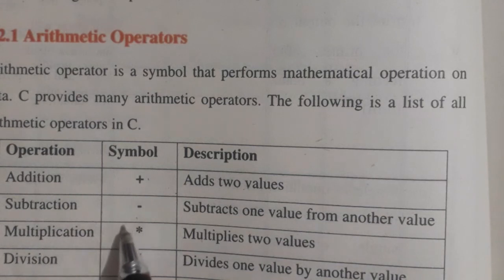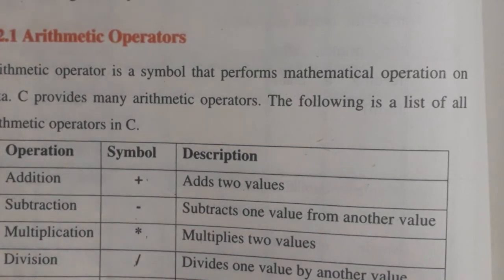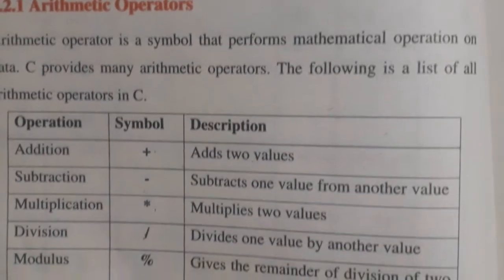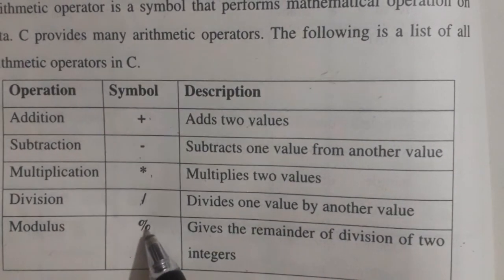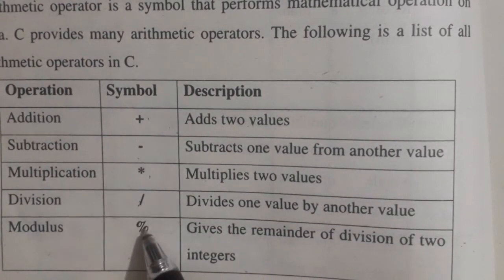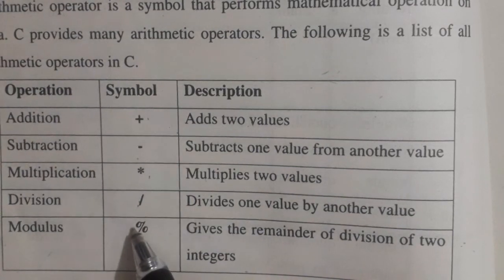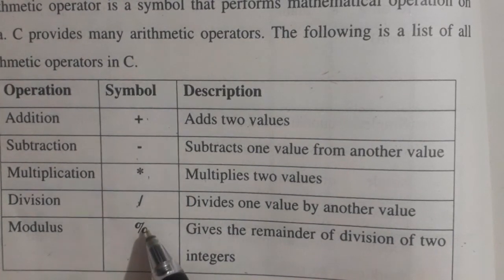For multiplication, asterisk is used, and for division, slash is used. For modulus or remainder, the modulus operator is used. This will give the remainder when one value is divided by another value.